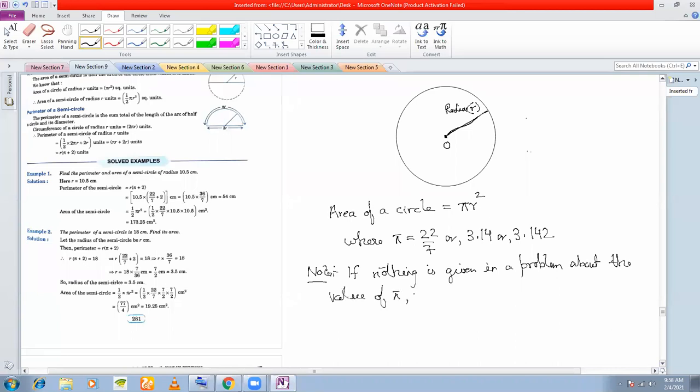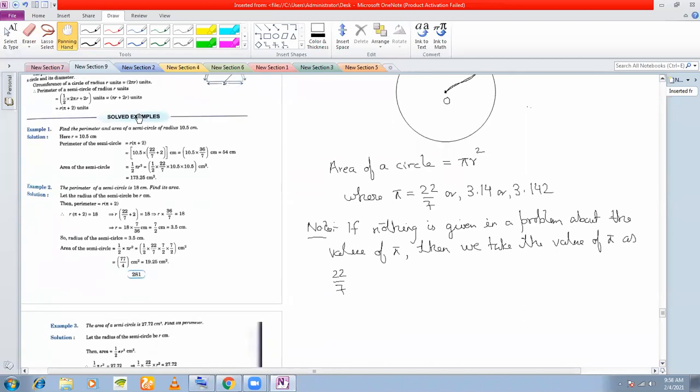Then you will take the value of pi as 22 by 7, if nothing is mentioned.